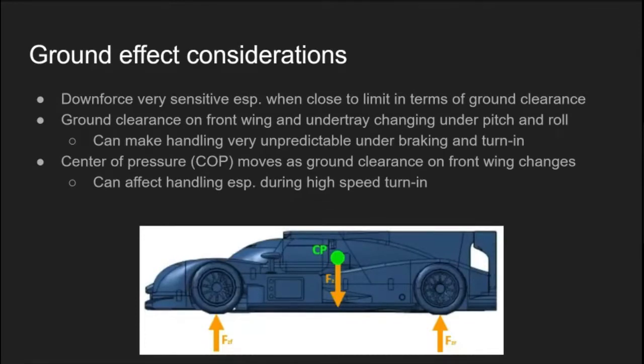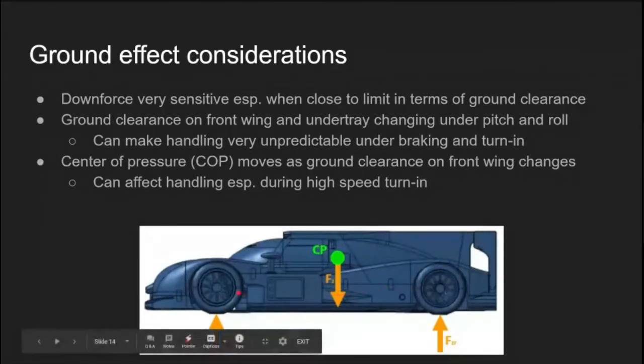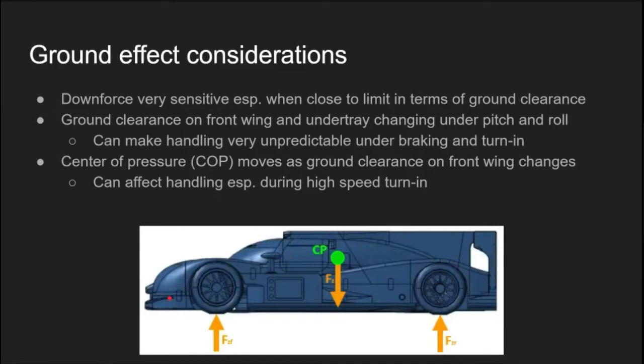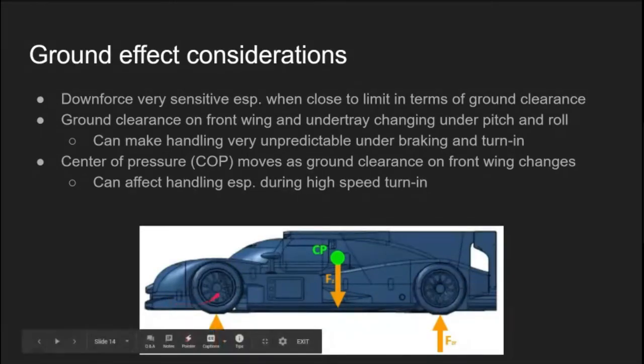So all those forces go through the suspension into the tires, and that compresses the suspension. Now, what happens when the suspension compresses? The front wing gets closer to the ground. What happens when the front wing gets closer to the ground? It produces more downforce. What's that going to do? Compress the front suspension even more. The wing gets even closer to the ground, produces more downforce, so it basically goes in a loop.